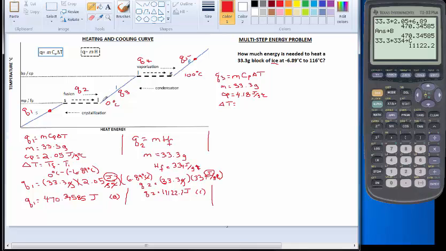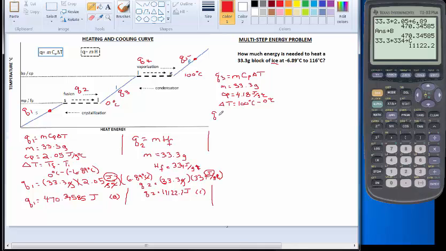But again, we can only talk about the temperatures for this portion of the graph where we have a liquid. So our final temperature for this portion of the graph is going to be 100 degrees Celsius. And our initial temperature for this portion of our graph is 0 degrees Celsius.